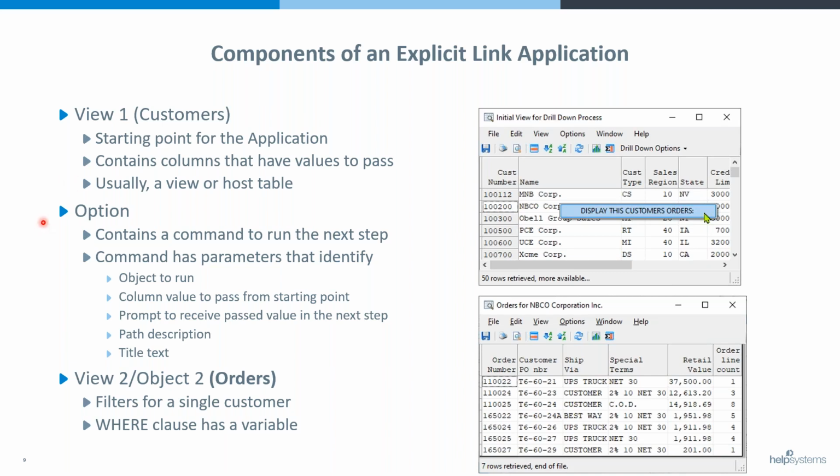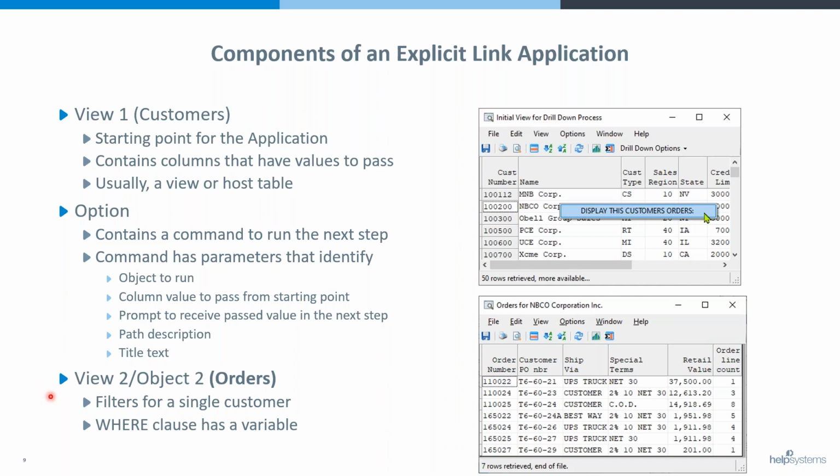Then there's the option, and the option contains a little command to run the next step. It identifies where we drill to, which view or report or table do we drill to, and has command parameters in it to provide information like the link between the field and the variable and descriptions, and it basically allows you to create a nice guided process.